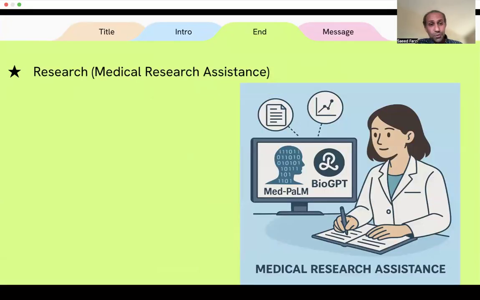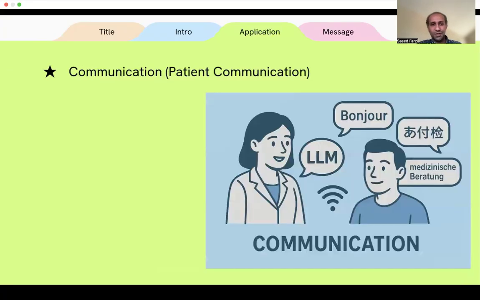Or it can be used as a medical research assistant, like ChatGPT. One of the most important applications of ChatGPT and medical large language models is as a search engine, which can provide you lots of information, knowledge, and insight about scientific papers, research, experiments, and that sort of thing.